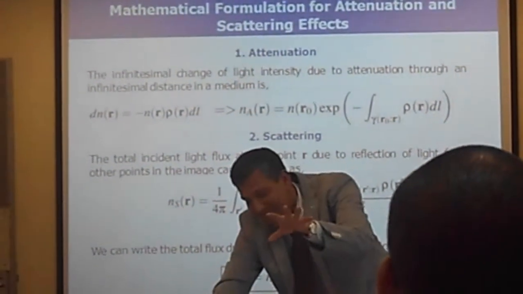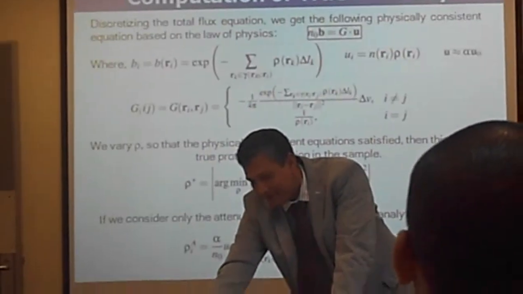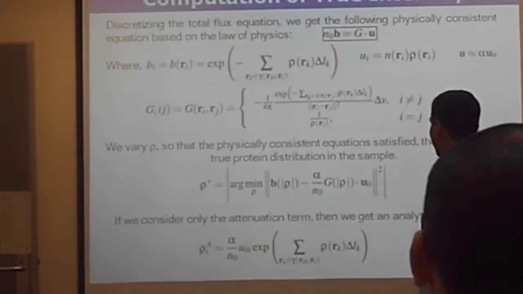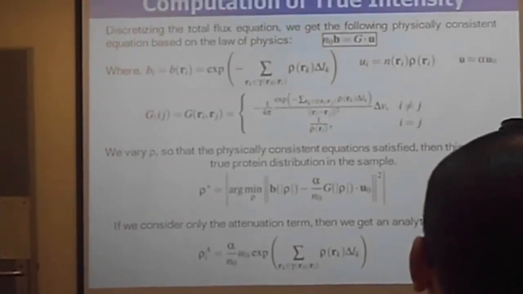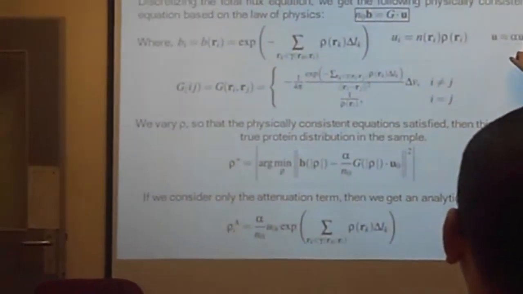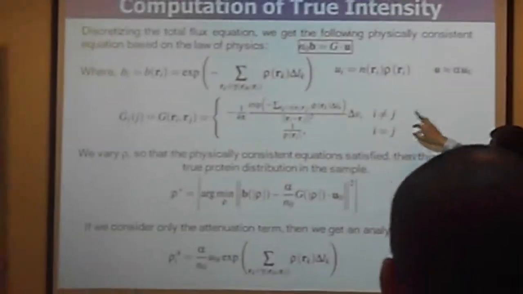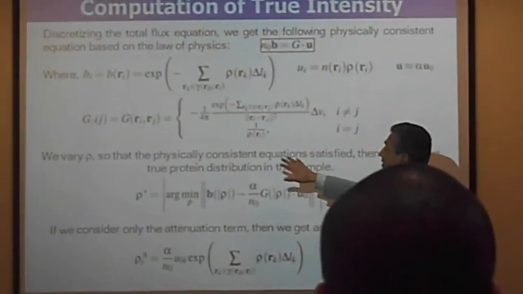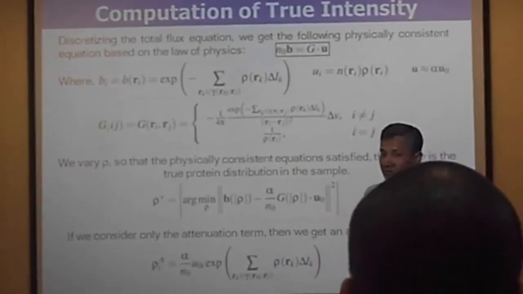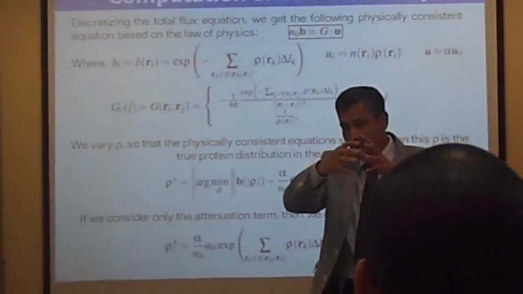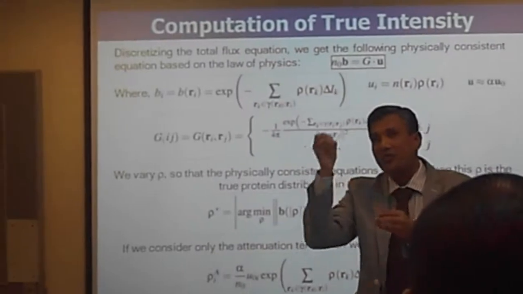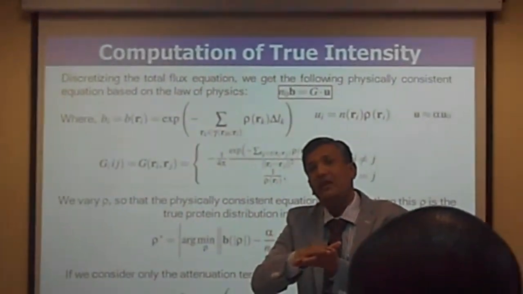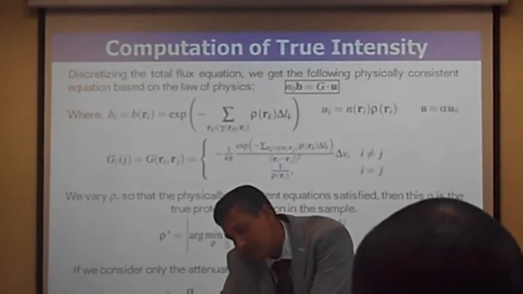I am not talking about the details of the mathematics of attenuation and scattering, but anyway, here is our final intensity. This is the object, and the final intensity equation is like this, if you consider only the attenuation component and not the scattering component. The scattering component's contribution to the total image formation is lower than attenuation, and attenuation is normally exponential.